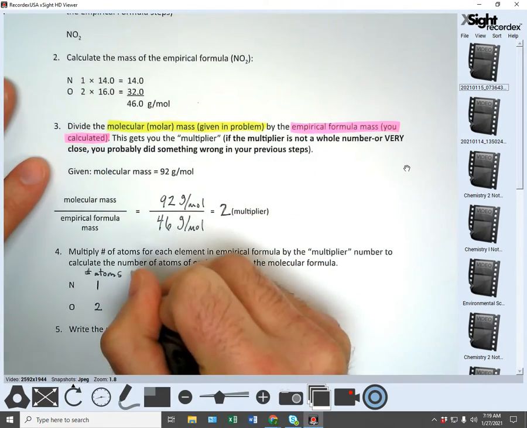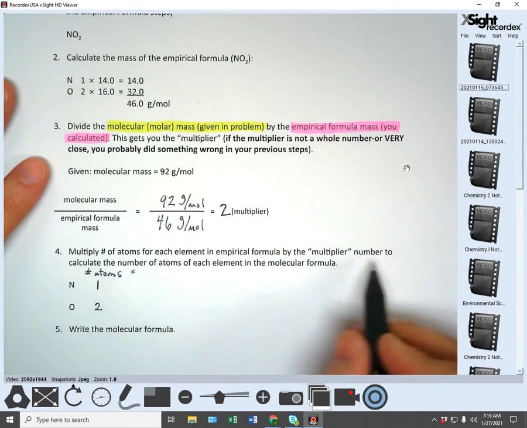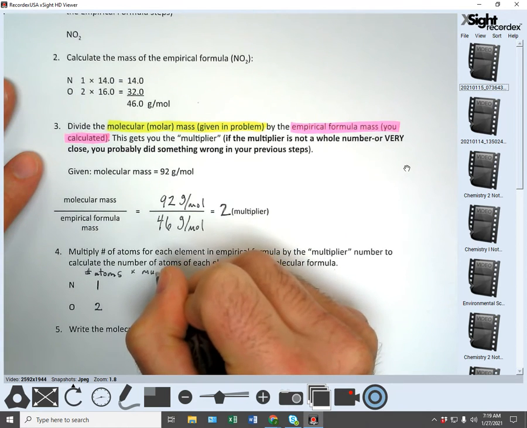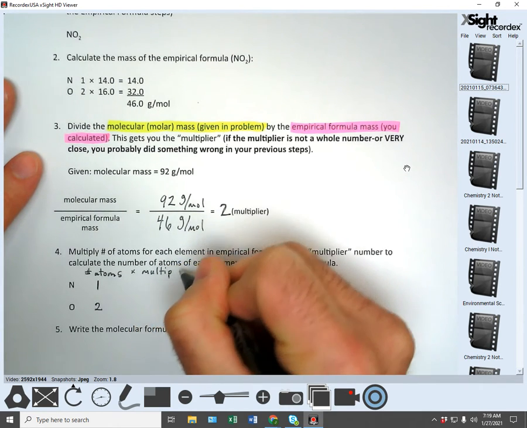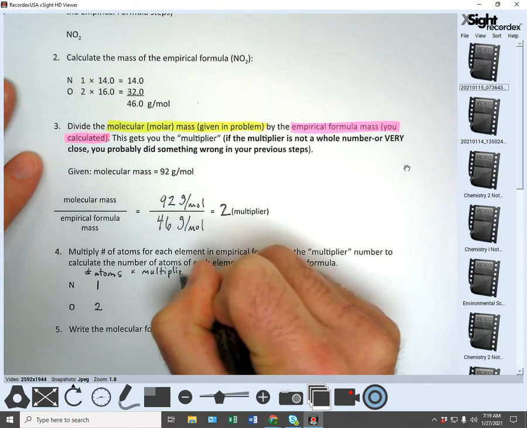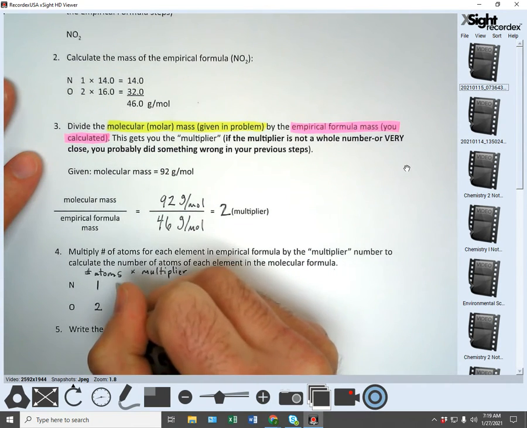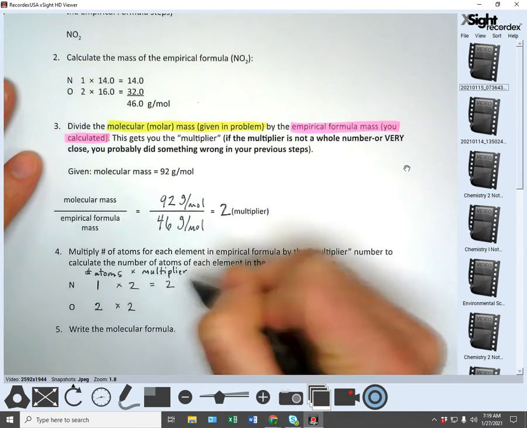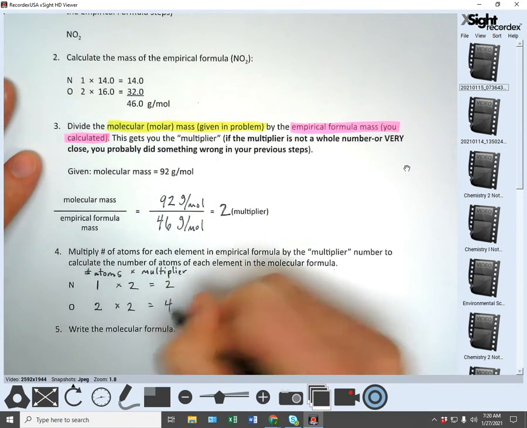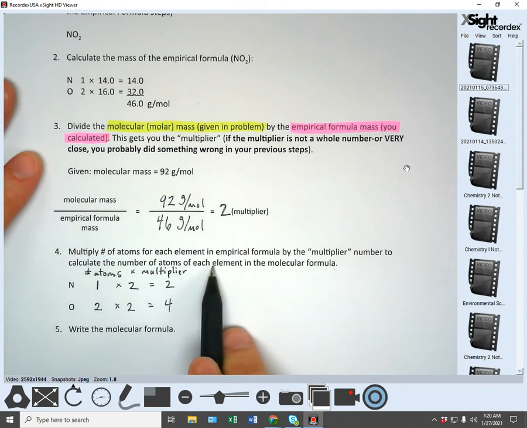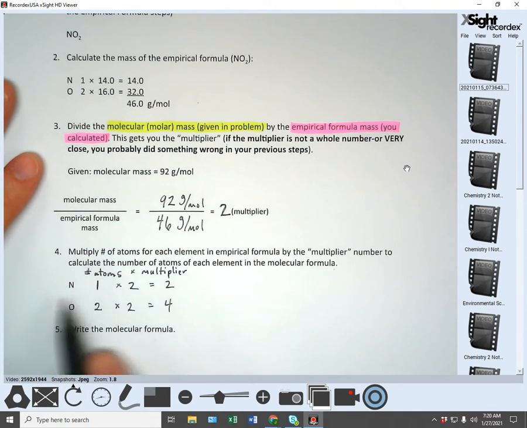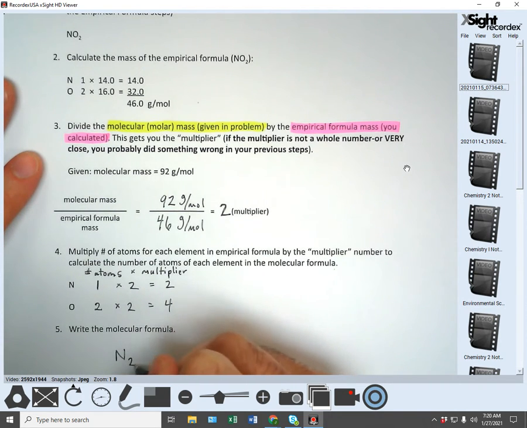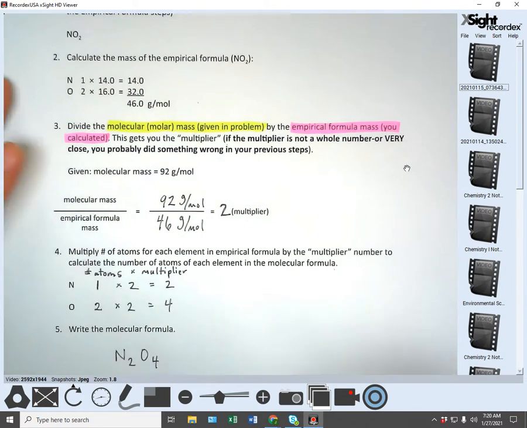Times the multiplier, so times 2. This is the number of atoms of each element in the molecular formula. So now we just write the molecular formula. N2O4. That's your answer.